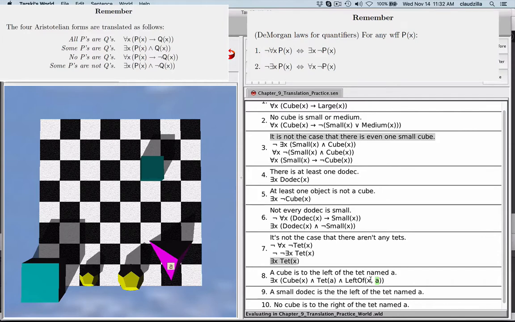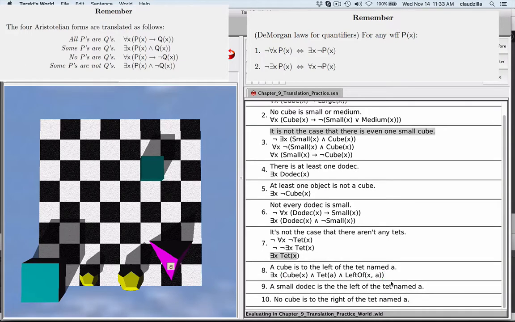Well, only because we need to bind this variable x. If we don't bind the variable x, we don't have a well-formed formula. So the binding of the A, if you will, by the parentheses that tell us what the scope of the existential is accidental.